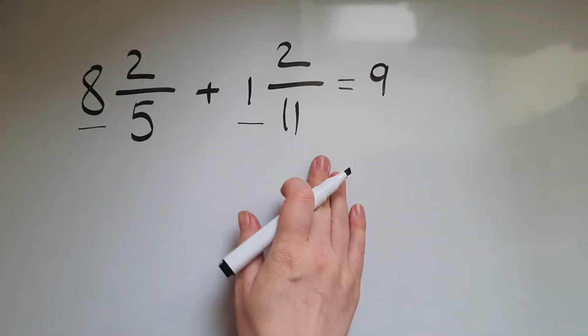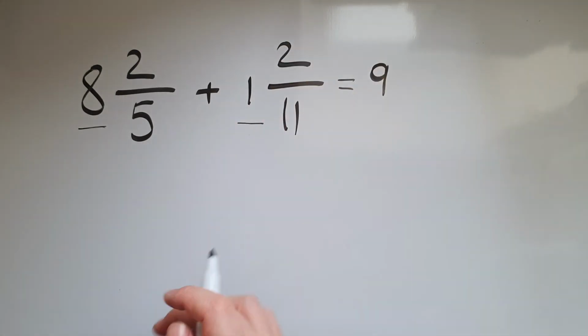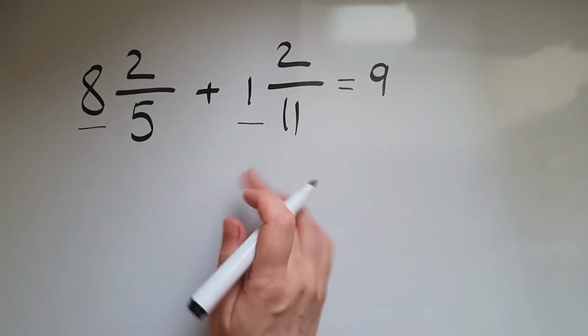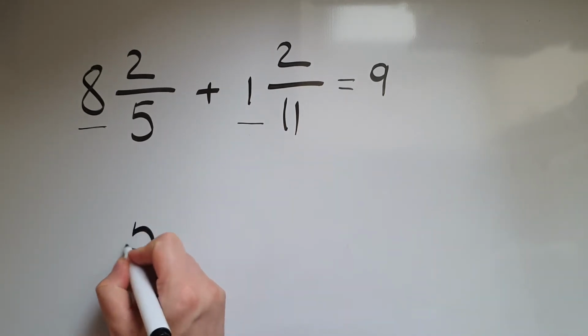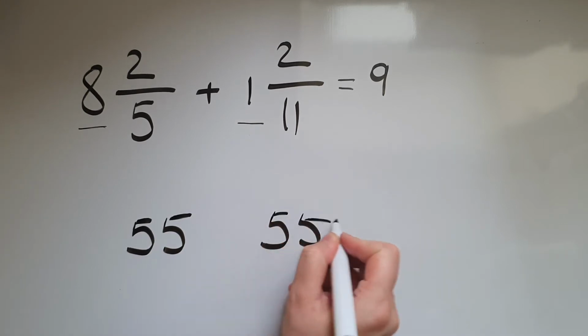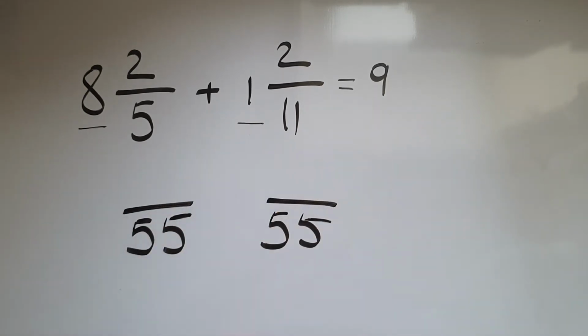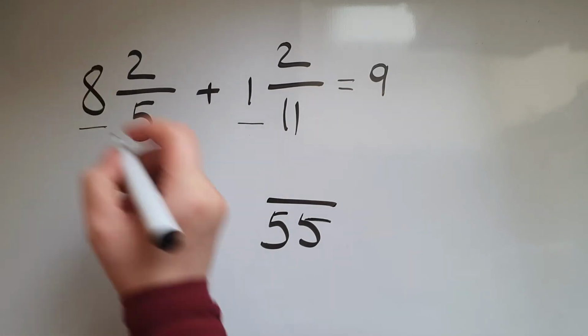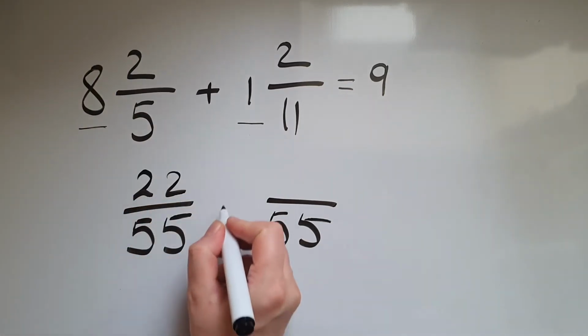Now we can proceed with adding 2/5 and 2/11. So a common multiple of them both can be 55. So to get from 5 to 55, we multiplied by 11. So we're going to multiply the 2 by 11 as well, which gives us 22.